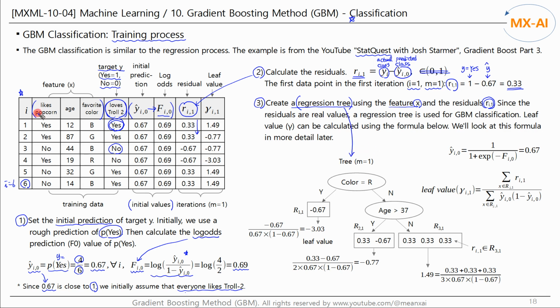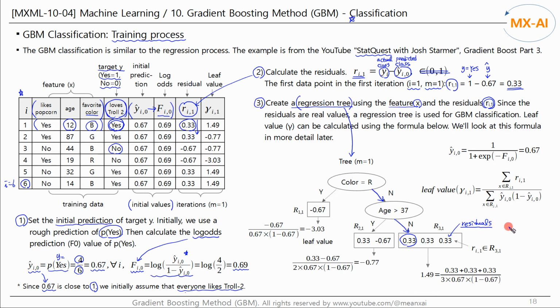For the first data point, the favorite color is blue, so we move to the right. And the age is 12, so we move to the right again. The residual of the first data point then belongs to the third leaf node. In this way, each leaf node contains the residuals.